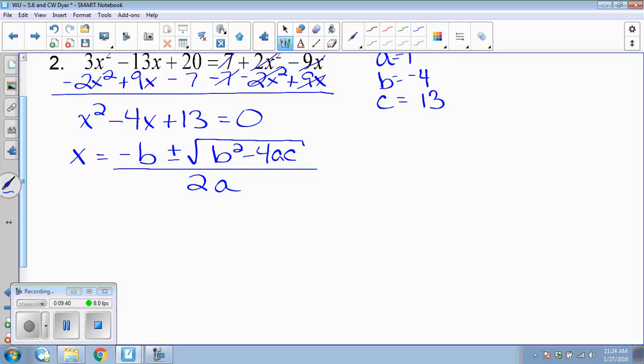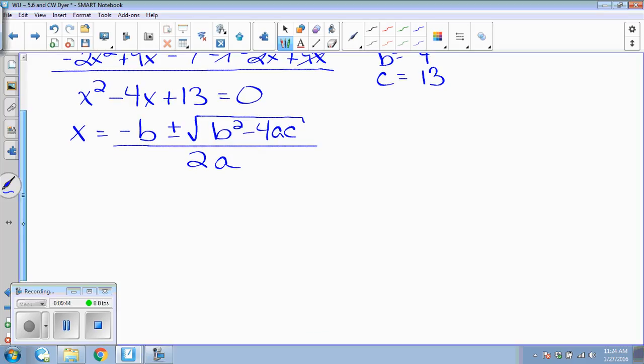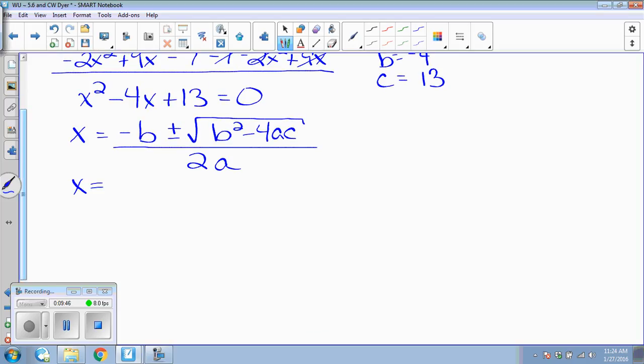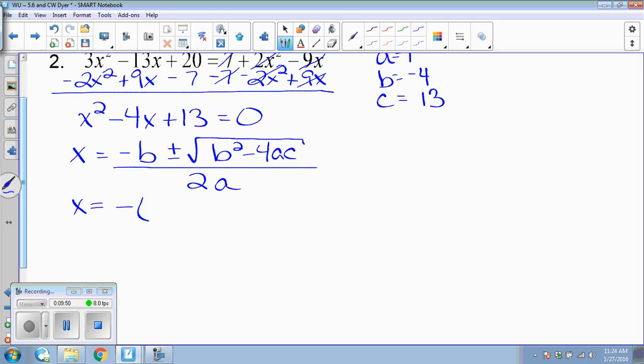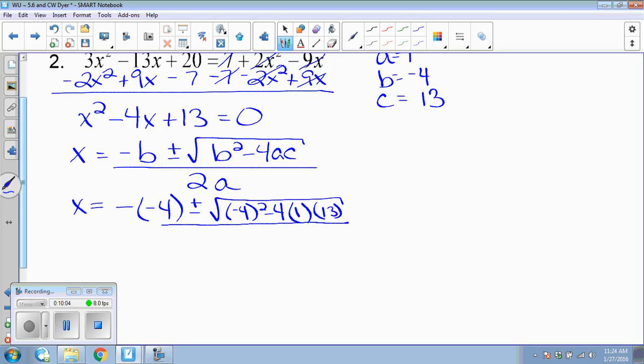You know it like the back of your hand. Okay? So x equals negative, what's b? Negative 4. Negative 4 plus or minus the square root of negative 4 squared minus 4 times A, which is 1, times C, which is 13. All over 2 times 1.